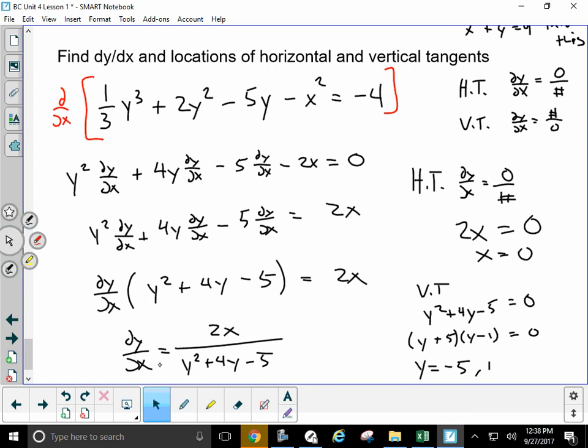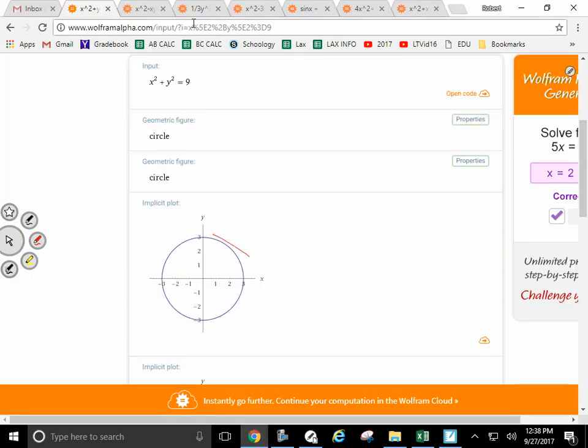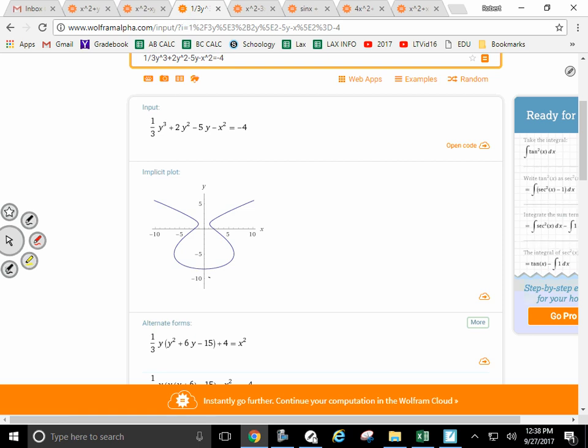This is actually the equation for the thing at the back of your throat. There it is right there. That's the equation for it. When x is 0, I only have one point. Notice, horizontal tangent there. When y is -5, I have 2 points, this x and this x. Notice, vertical tangent here, vertical tangent here. When y is 1, vertical tangent here, vertical tangent there. Okay? So we did it.